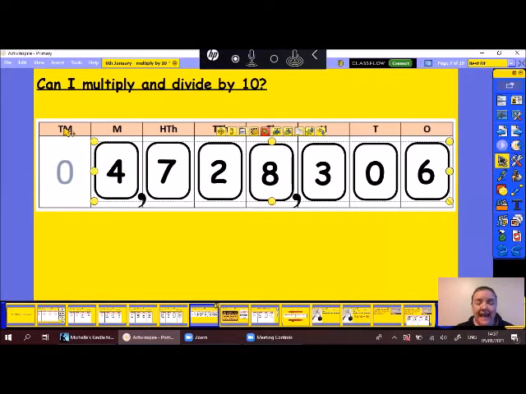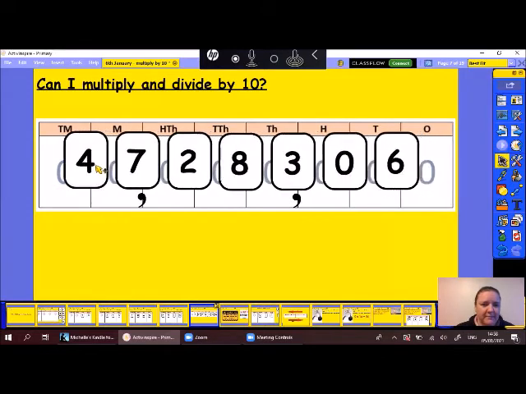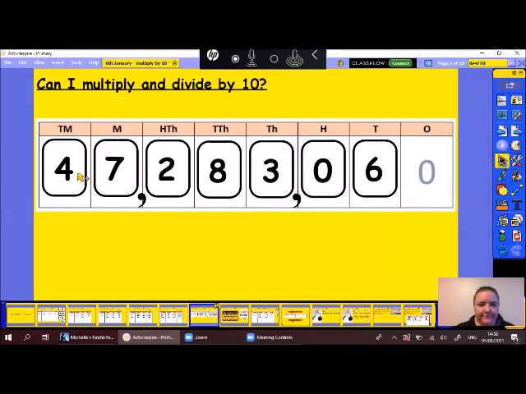So we've got TM over here, that's tens of millions. We're going to have a really big number, so we move everything over, and then we're left with our 0 on the end. So what we've got now is 47,283,060. That's massive.